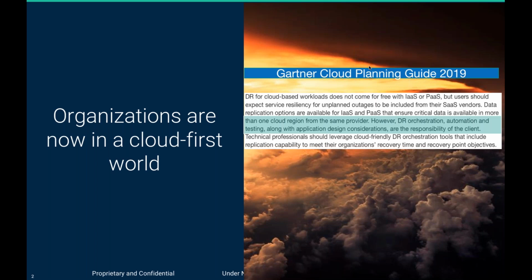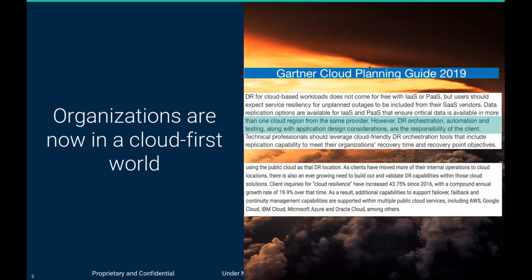But when you really want true application resiliency, right, bringing up all the services necessary to run your applications, not only just a bunch of VMs, a bunch of storage volumes or databases and so on. It's about the entire application resiliency that's clearly required. And Gartner has been seeing inquiries increasing tremendously since 2016, with a compound annual rate of almost 20% over that time.